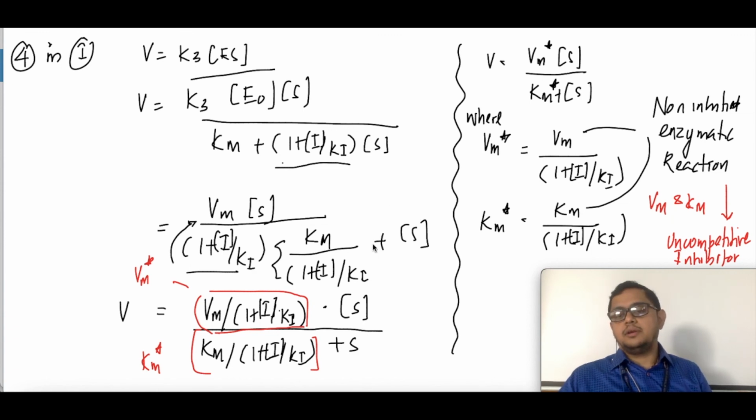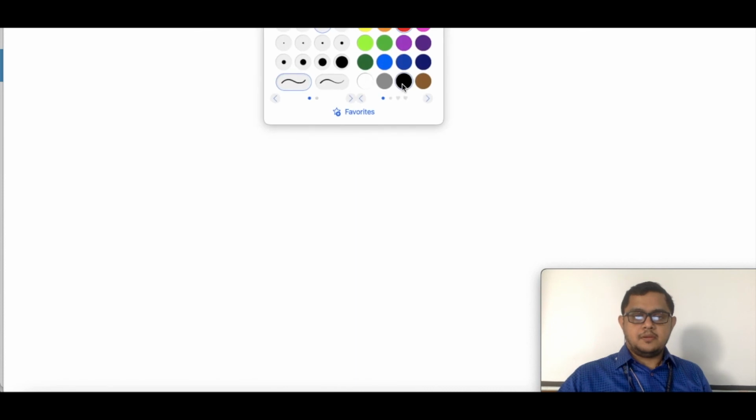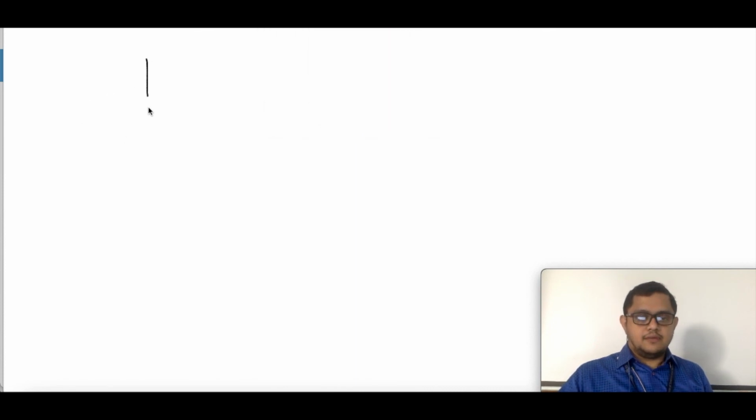So here, this is the uncompetitive inhibitor. So let me draw the LB plot for the non-inhibitor and uncompetitive inhibitor so that we can understand. Let me erase this. So let me draw the graph.